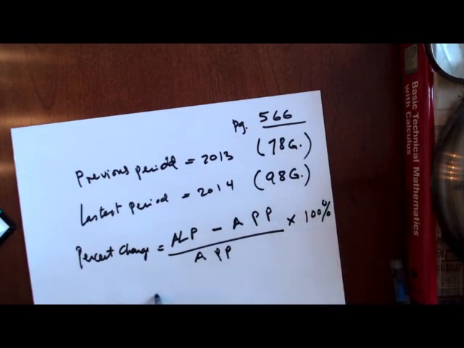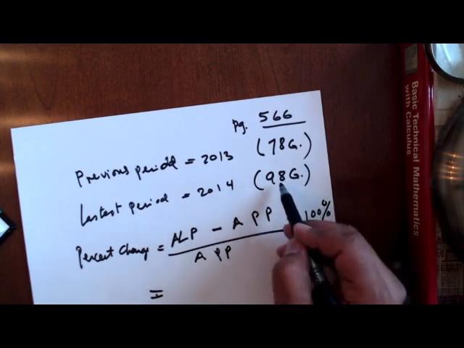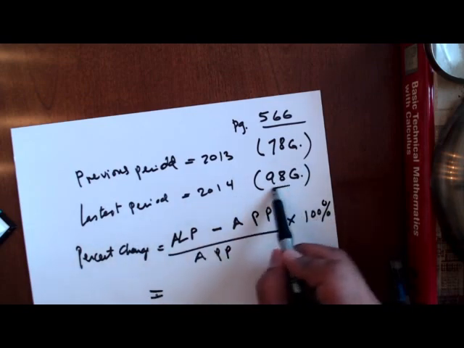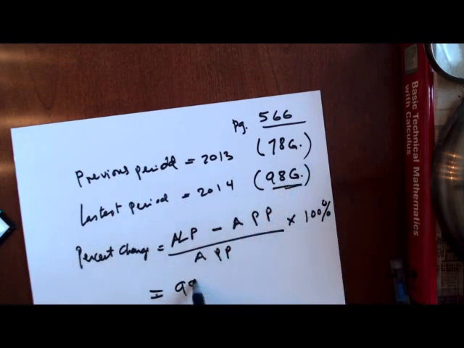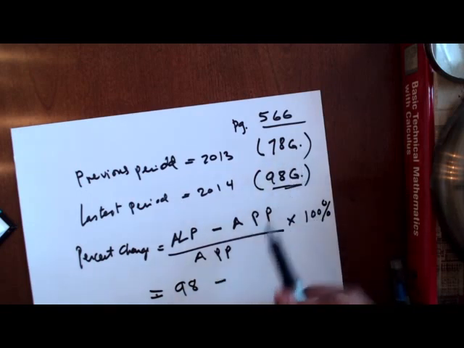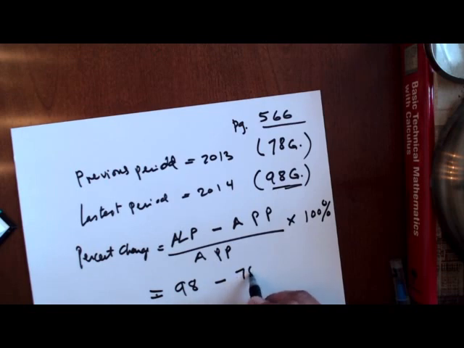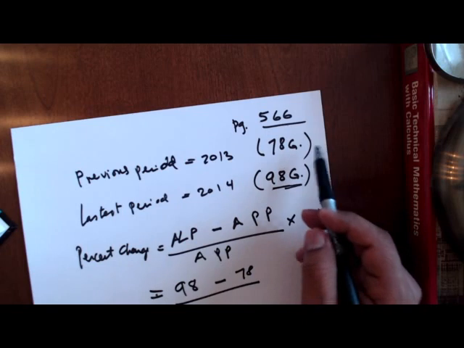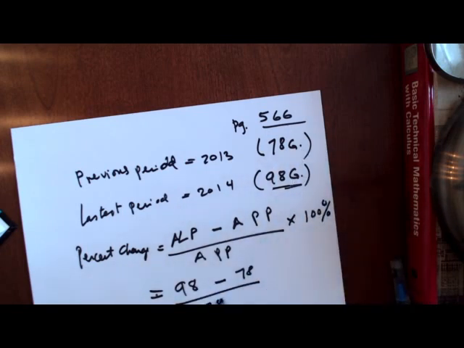When we plug in the values, the latest period is 98. We subtract 78, which is 2013. We divide this by the previous period, which is 78, and we multiply all this.